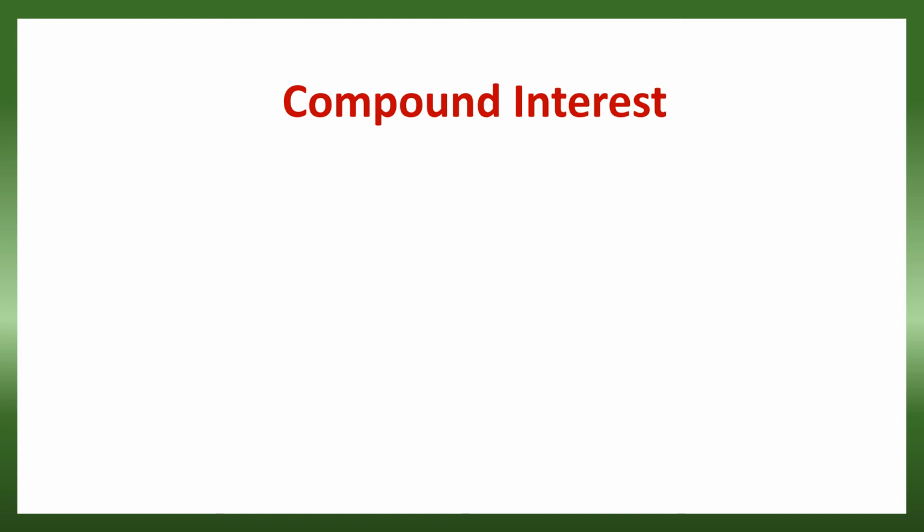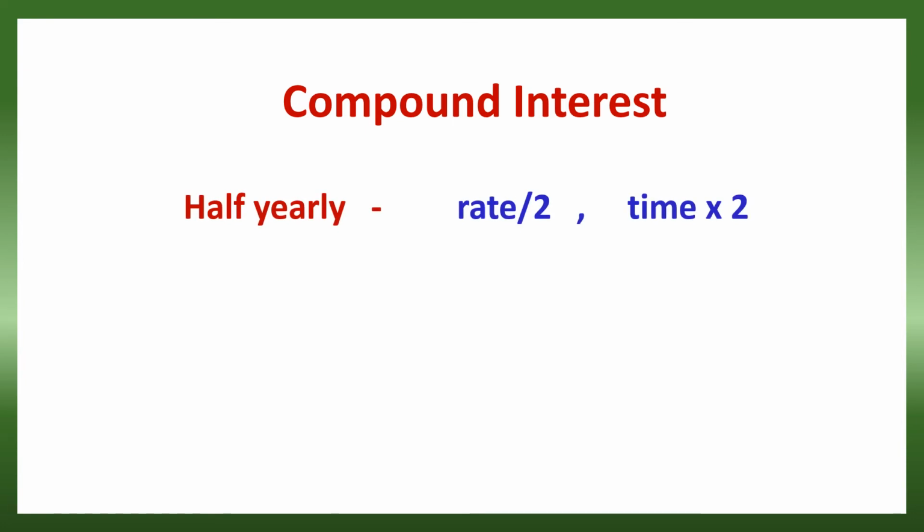Normally, the interest is compounded annually. If it is not compounded annually, then certain adjustments have to be made. Like if it is compounded half yearly, then the rate of interest has to be divided by 2 and the time period or the number of years has to be multiplied with 2.